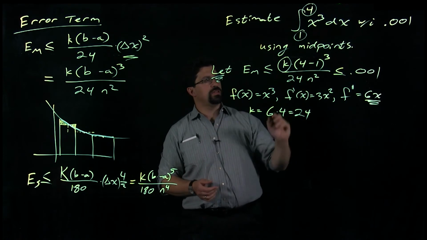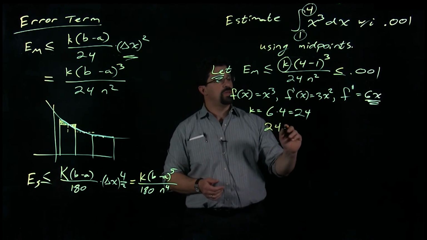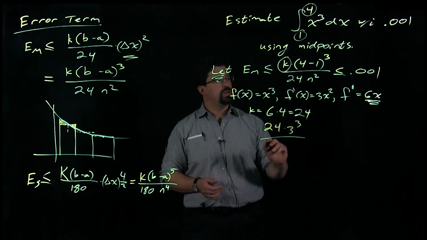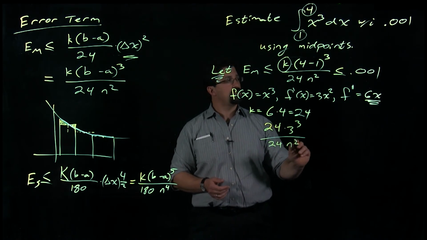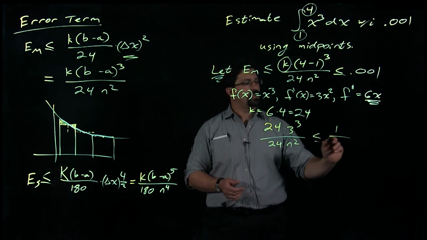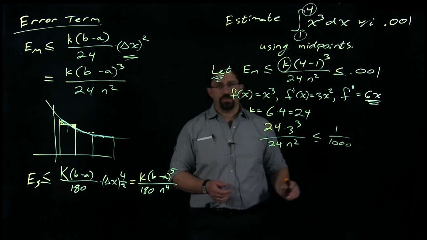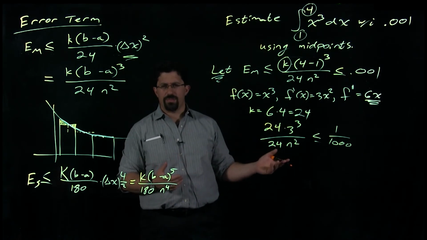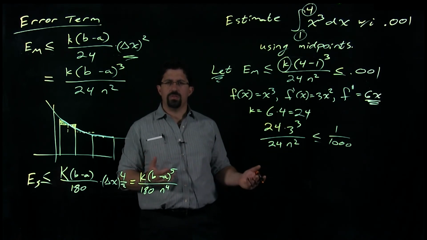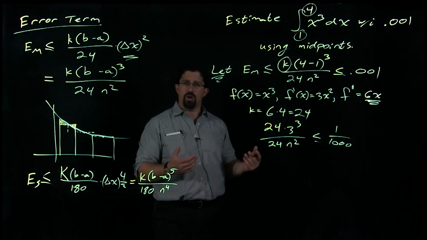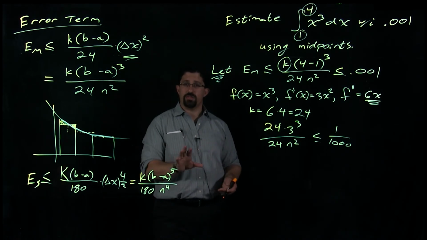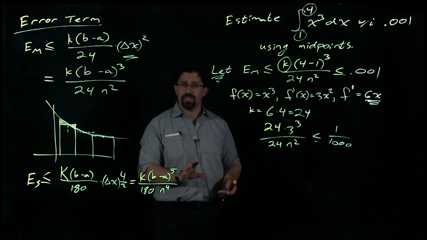So we plug this in here, and we've got 24 times 3 cubed over 24n squared is less than or equal to 1 over 1,000. Please use fractions where you can. There are going to be times where it's obvious that you want to just go with decimals and not worry about anything else.